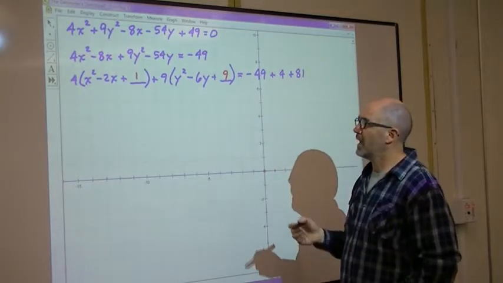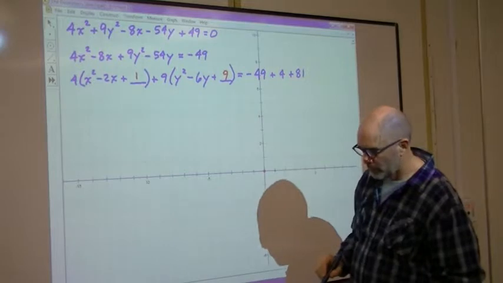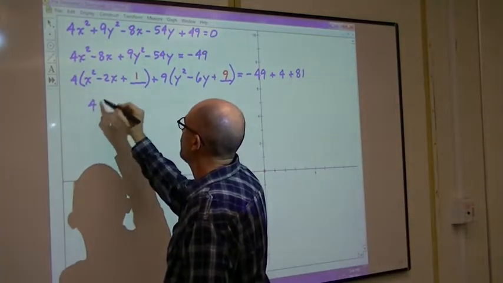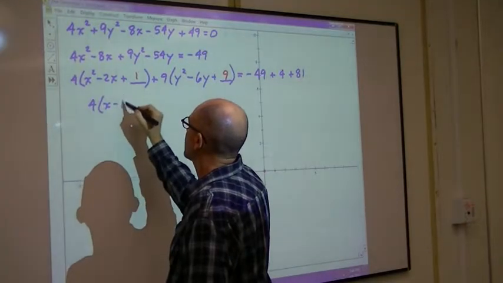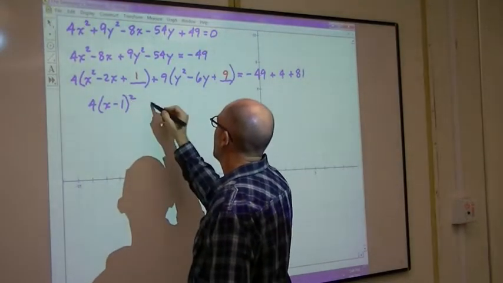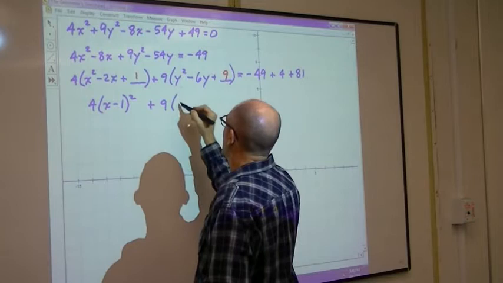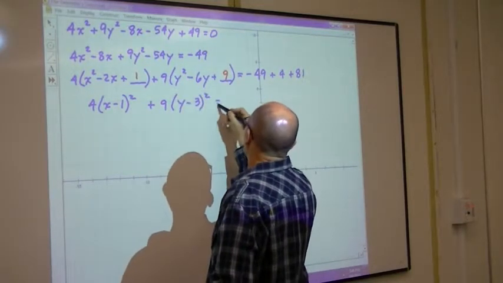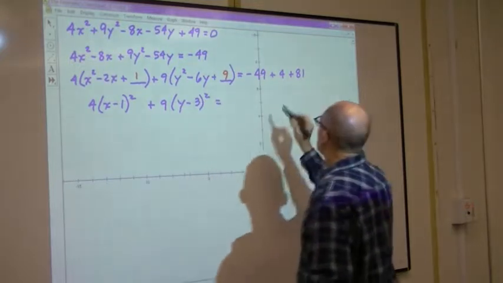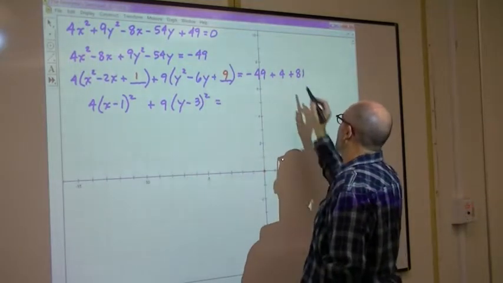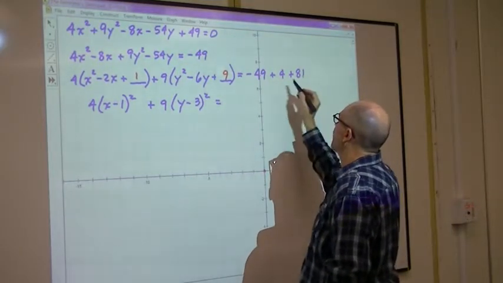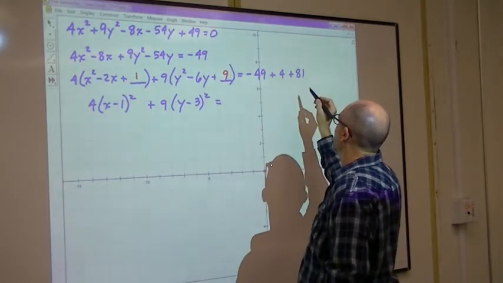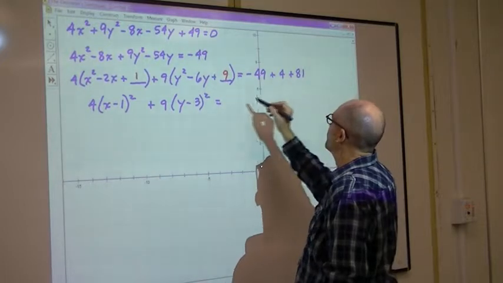All right, now it's time to get our perfect square trinomials into binomial squared. So we have 4 times the quantity x minus 1 squared plus 9 times the quantity y minus 3 squared equals 81 and 4 is 85, plus negative 49 is going to be 36.